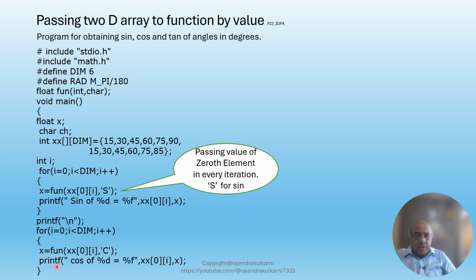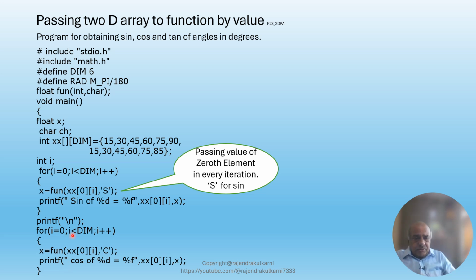Similarly, in this for loop, we are passing the values of the 0th element of the 2D array from 15 to 90, and we are using this C character for getting the values of cosine.